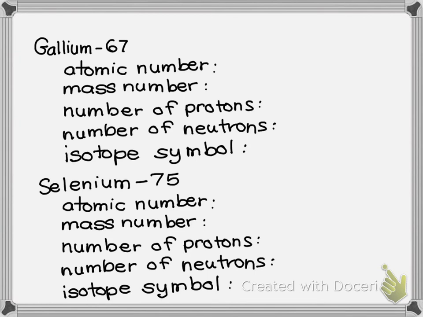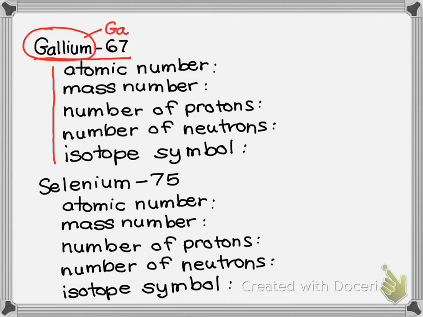So get out a periodic table, have it nearby, and let's look at these two, both gallium-67 and selenium-75. Let's come up with a variety of information that we can get from that name and number. So gallium-67. If you look up gallium on the periodic table, you will see that its symbol is Ga.